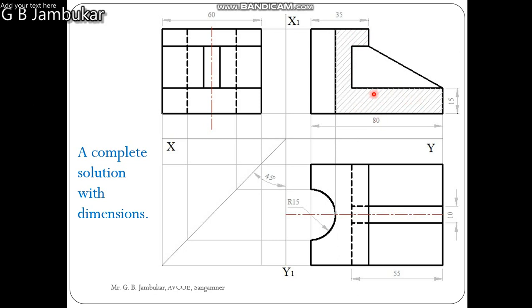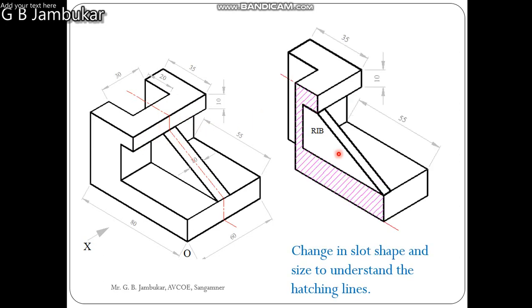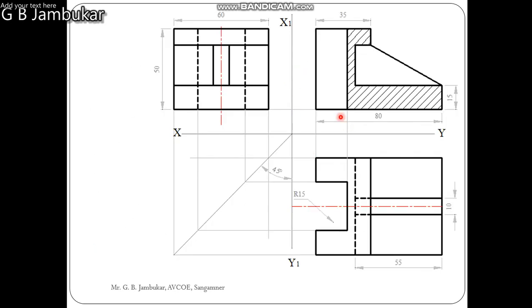Hatching lines are inclined to horizontal at 45 degree, and the approximate distance between two hatching lines will be 2 mm. So necessary dimensions are given, and the remaining two views remain as they are, and only the front view is a sectional view. Now to understand the hatching lines, the slot dimensions are changed, and this will be the non-hatching lines in the object. So which is over here, and hatching lines will be here.